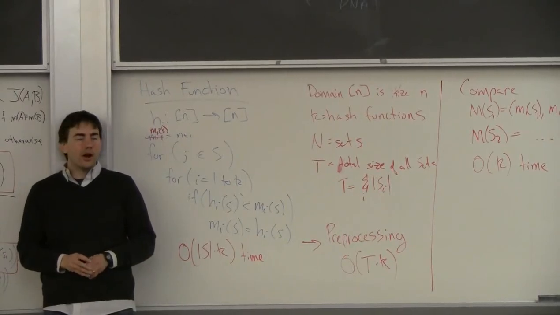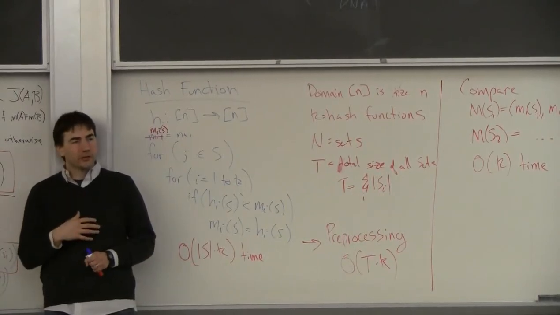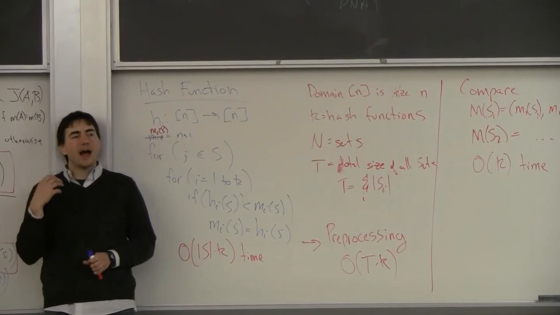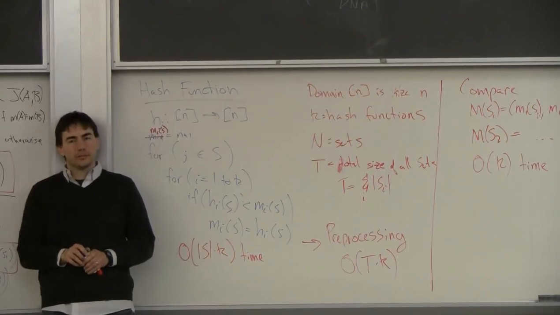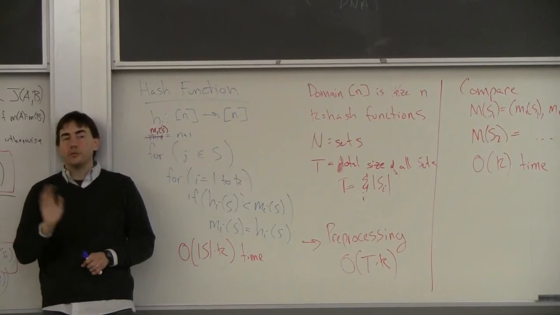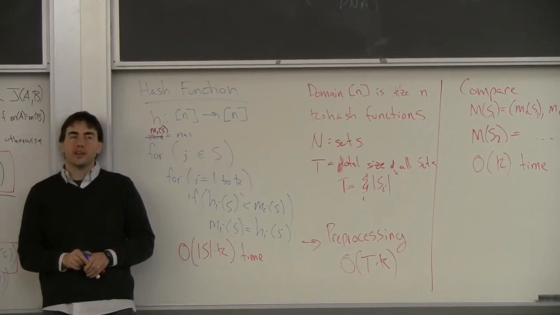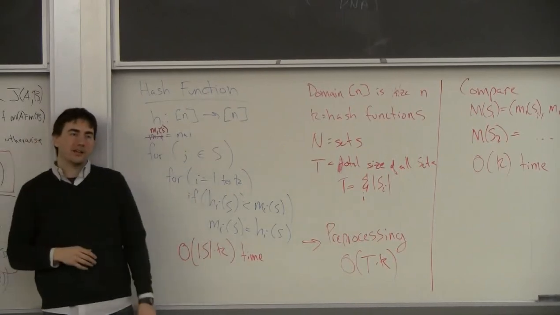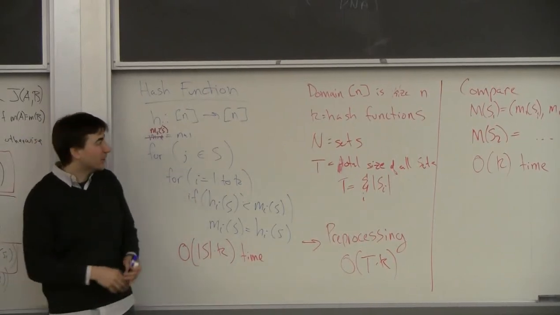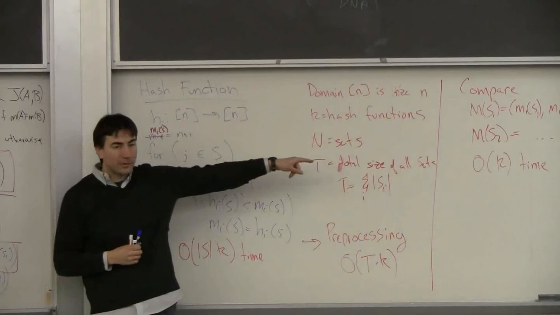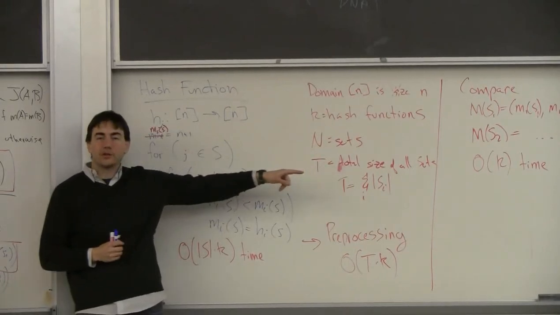Maybe Google has something larger than 100 numbers, a bigger space. Now I want to know: do any of the web pages have a high similarity? If they do, it's probably a duplicate. I've seen this before, and I don't want to rank them both really high. So I don't want to go and check every single one of them in O of k time. I want to do something faster than that.